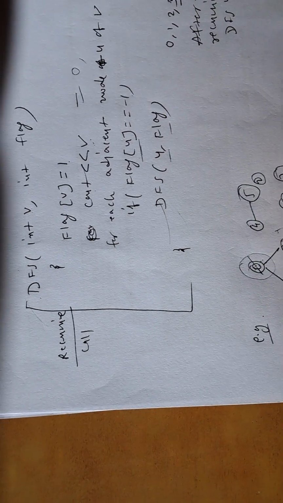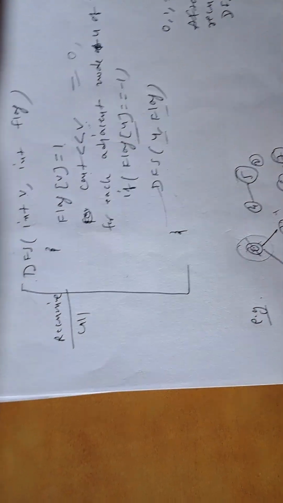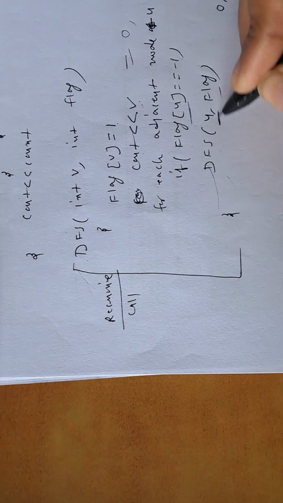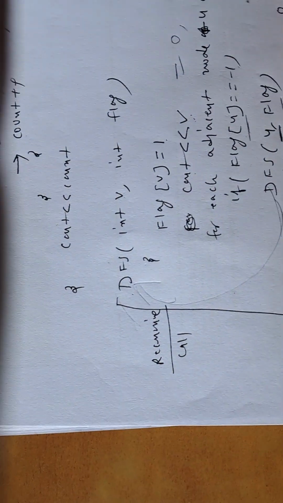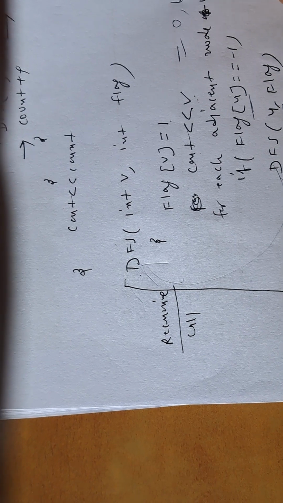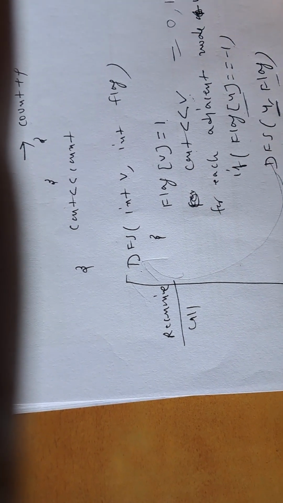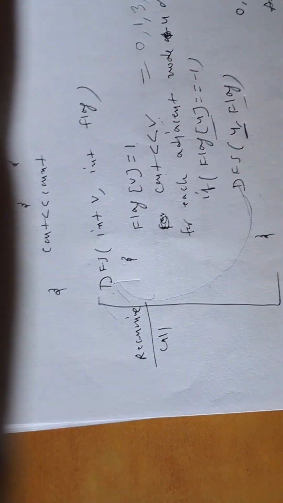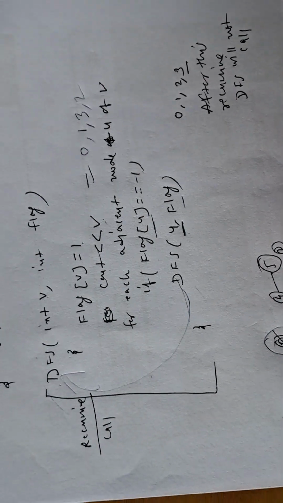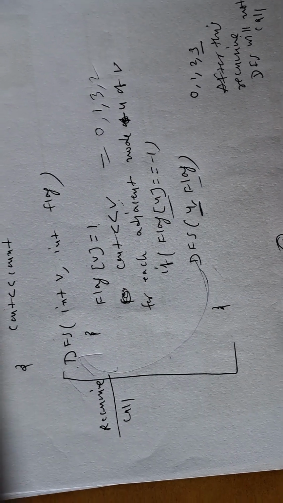Say I go through this vertex, so DFS will be called over 1, and it will print in the same way. Again DFS will be called over 3 and then 2, and once 0, 1, 2, 3 have been visited, all these flags will become 1.